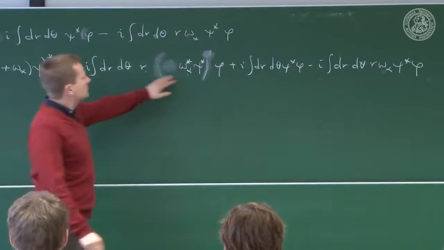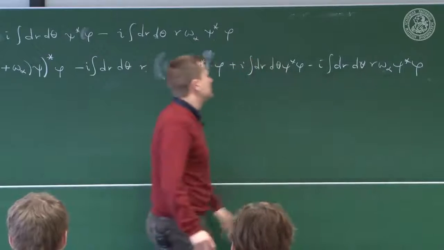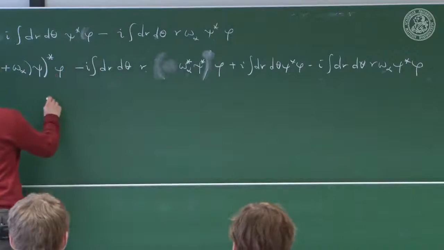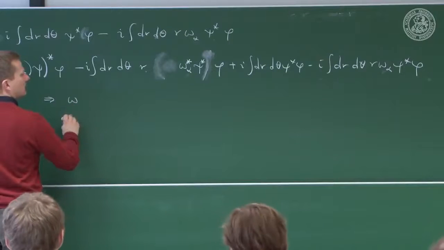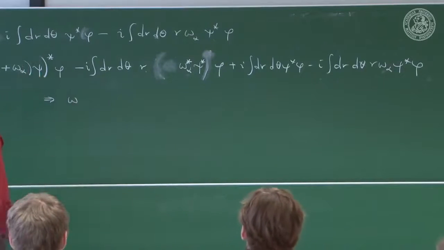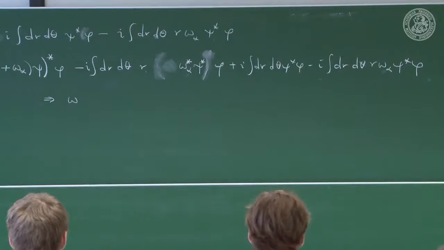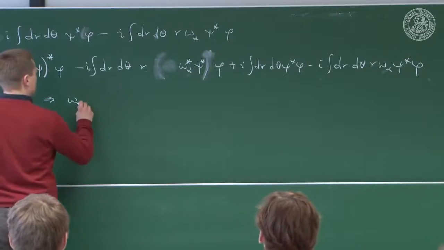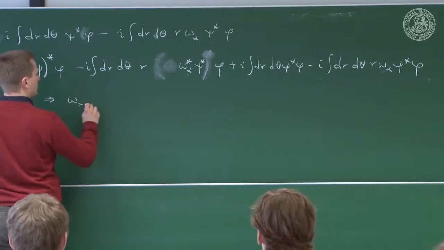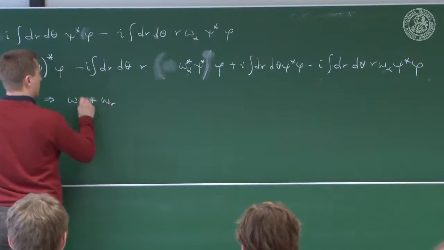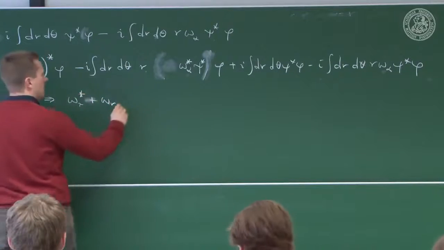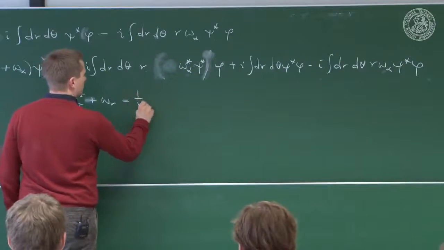So now these two terms together need to cancel this term, and this is certainly effected if omega r plus omega r star, because omega theta is 0 anyway, must be 1 over r.